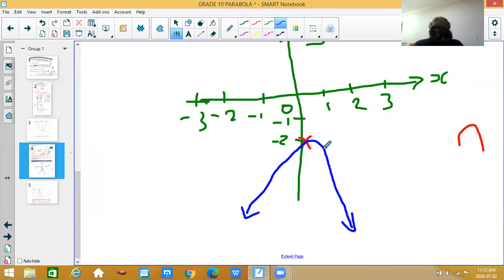Is that clear? Right. And always remember to label your graph if you have sketched it, which is y = -2x squared - 2. There is no wrong graph unless it has been wrongly labeled.